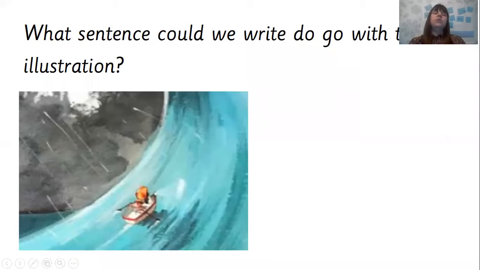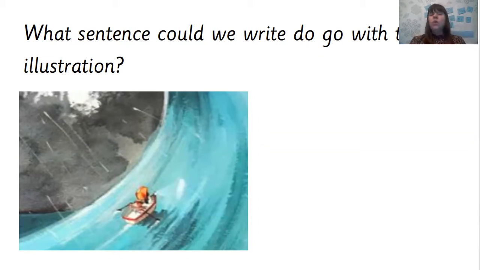Now you're going to think of a sentence to go with this illustration now. Remember, this time we're not going to write it, so you can be as adventurous as you would like. You could say something like, the boat swayed from side to side and the wave washed over their heads. They were frightened that they were going to go under the water, but phew, they were safe.